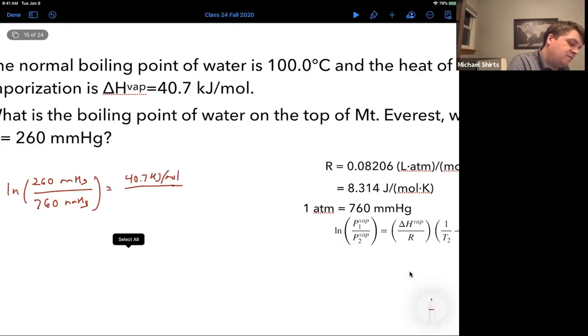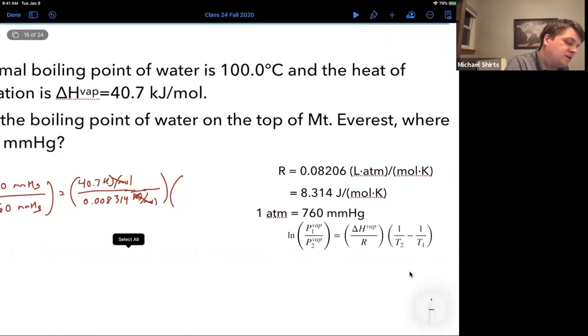R is the value in joules per mole, but I'll write it in kilojoules per mole, so our unit conversions are easy. Okay, now we can cancel those out. And 1 over T1 and T2.